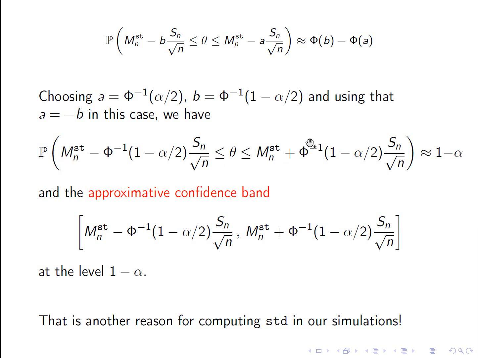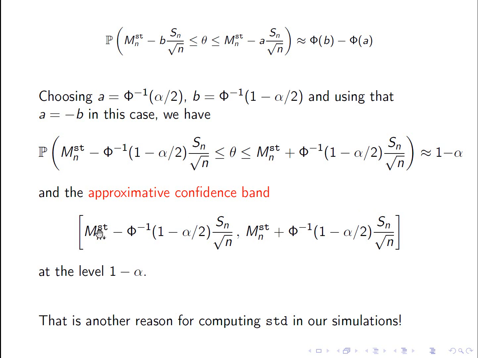Okay, so we have this, and this gives us the following approximate confidence band. Approximate because the probability only holds in the limit, the probability of 1 minus alpha. But this is our approximate confidence band, which we always can compute.